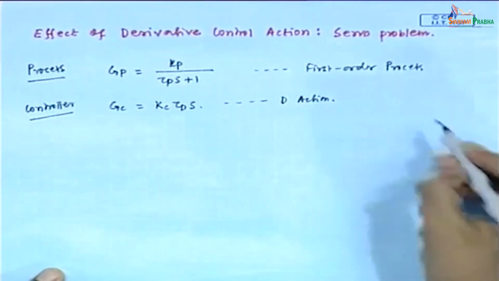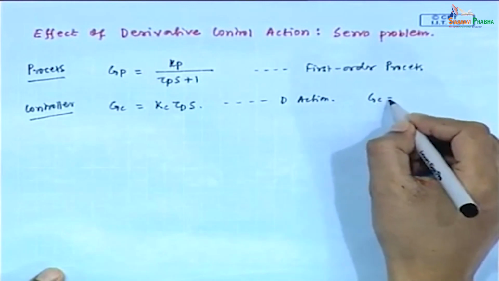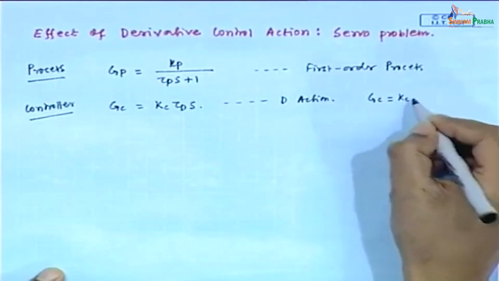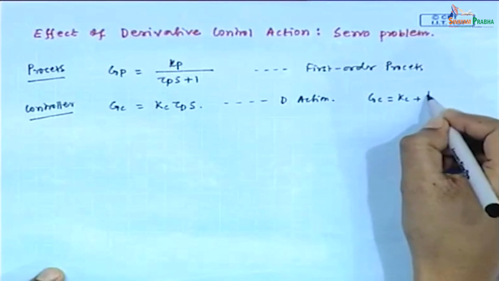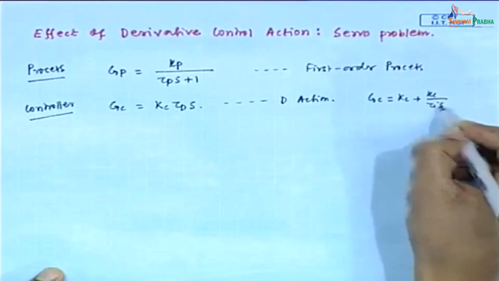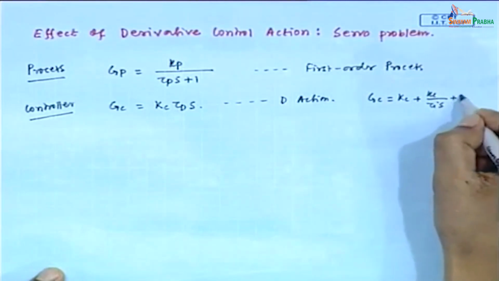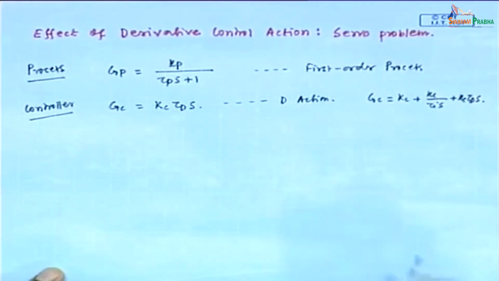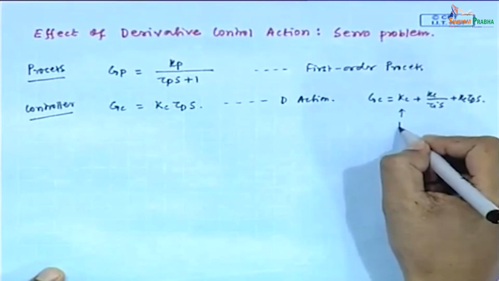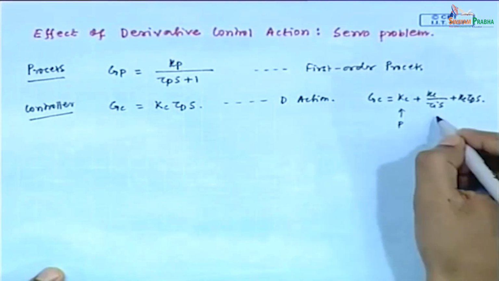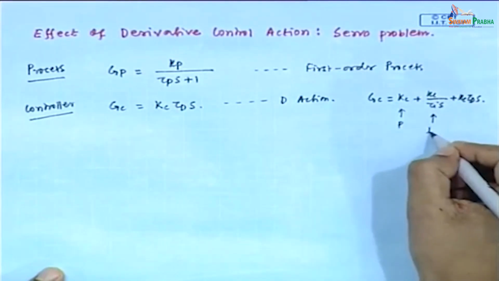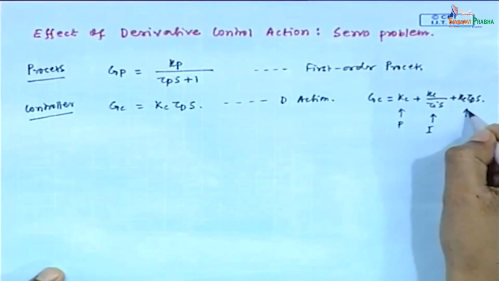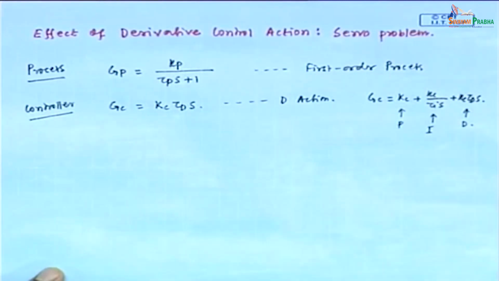Because the transfer function of PID controller we have written Kc plus Kc divided by tau I s plus Kc tau d s. This is the transfer function of proportional action, this is the transfer function of integral action, and this is the transfer function of derivative action.